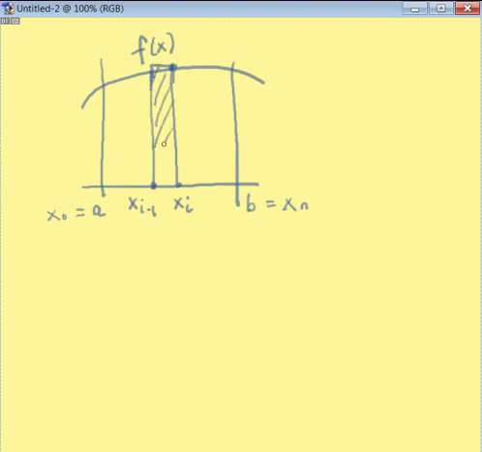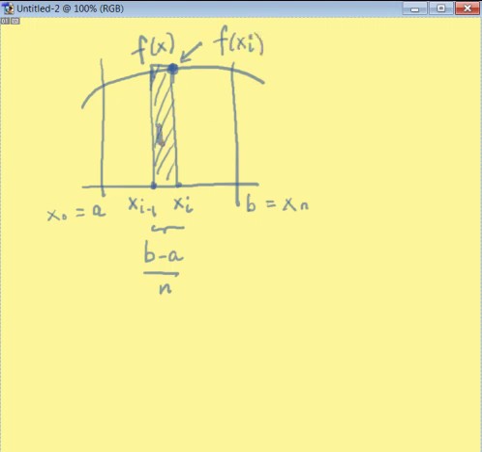So first let's talk about the length of the base. Well, the length of the base is going to be the entire length, which is b minus a, and since we have n of them, it's b minus a over n. Now the height, this point is going to be the height of this point, because that's where it hits the curve, and the height of this point is f of xi.